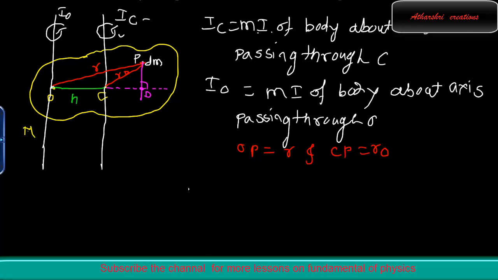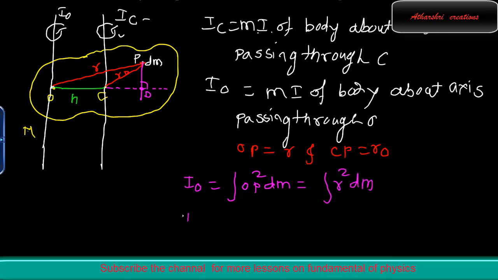Now the moment of inertia of this body about the axis passing through point O is IO, which is equal to the integration of OP square dm, which is equal to R square dm.